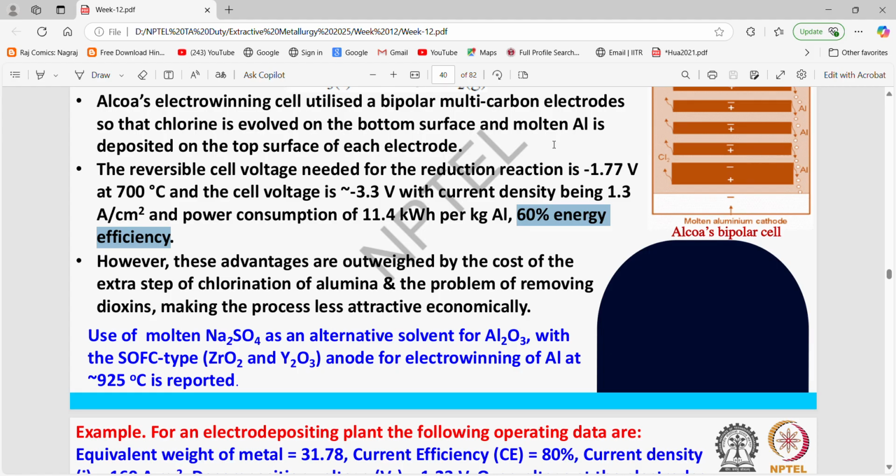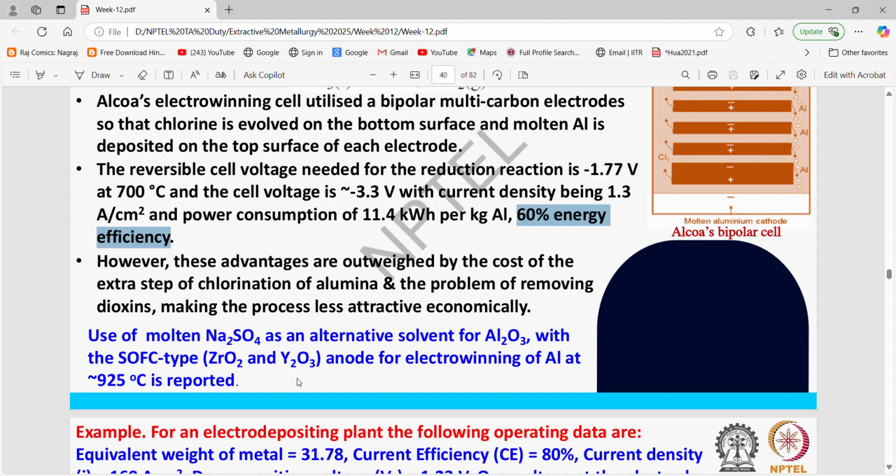So it's like if we are getting a cost cutting of only 1 or 2%, then there is no advantage to going for this ALCOA process, because at the same time for that 1 or 2% cost cutting we have to go with one more extra step of chlorination. So it becomes less attractive economically, as we have to provide a chlorination step for aluminum hydroxide.